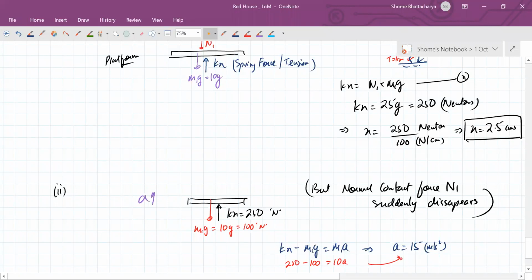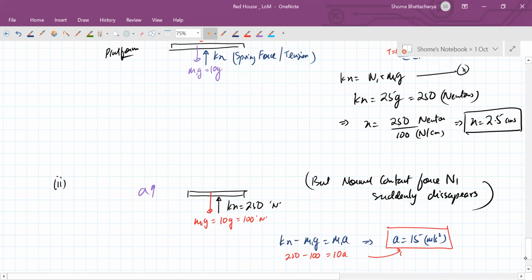So it has an acceleration of even more than g, because the pushing force from above was more than its weight. So when that is suddenly released, okay, people, so hope this is clear.